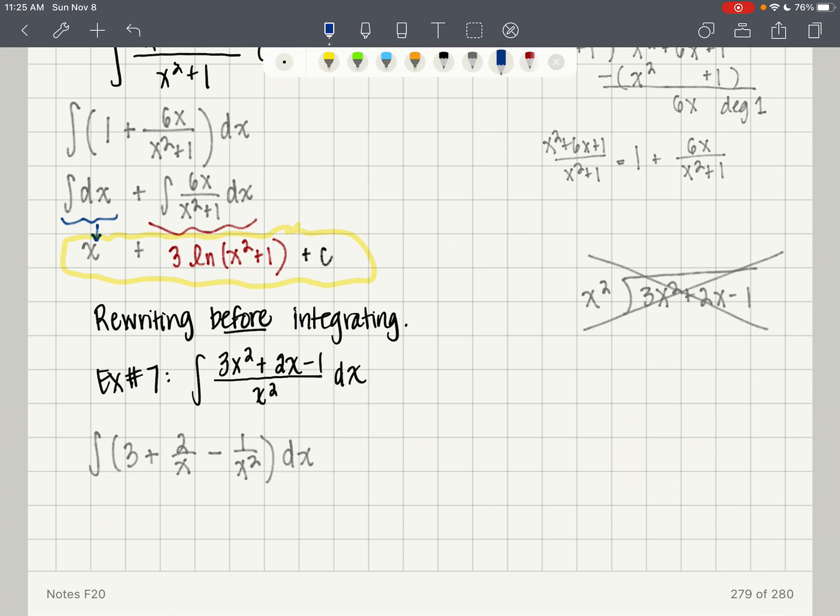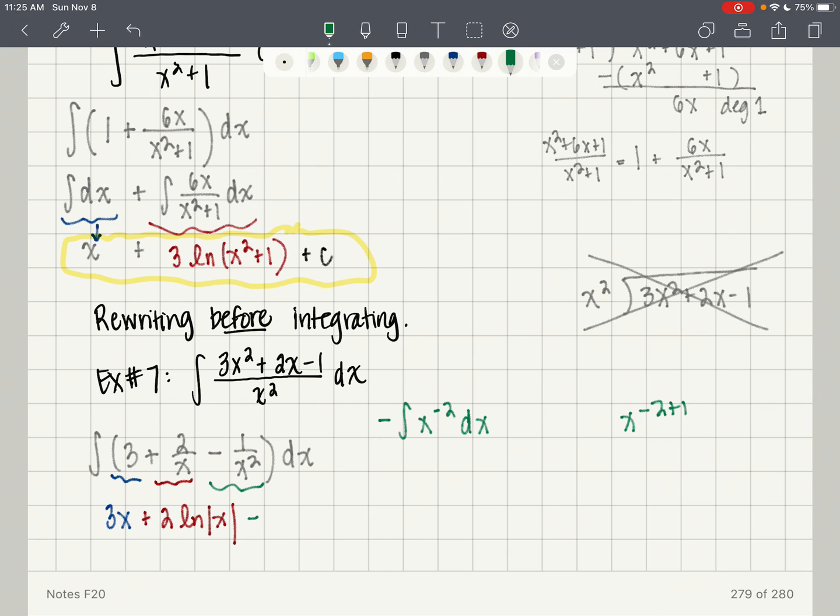So now we have the integral of 3 dx is 3x. The integral of 2 over x, that's going to be 2 times the natural log of the absolute value of x. And then minus 1 over x squared. Remember that that's going to be the integral. I'm going to put the negative on the outside of x to the negative 2 dx. So we go back to our rule where we add 1, divide by the new exponent.